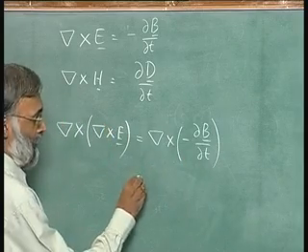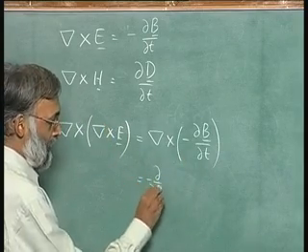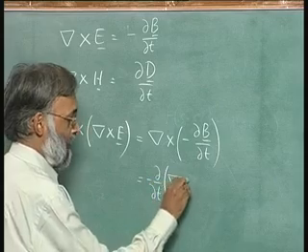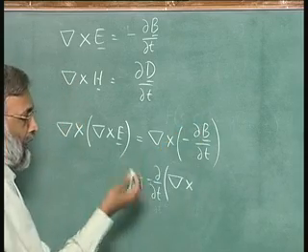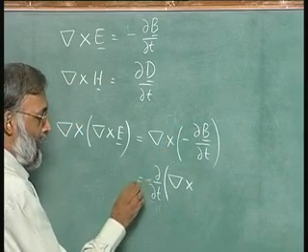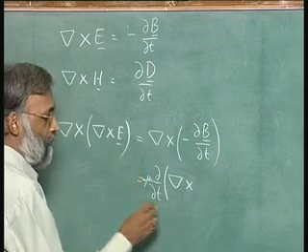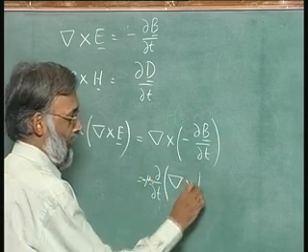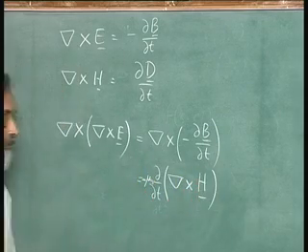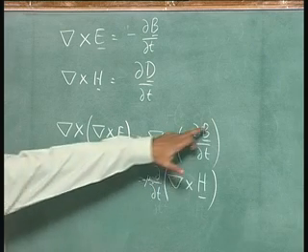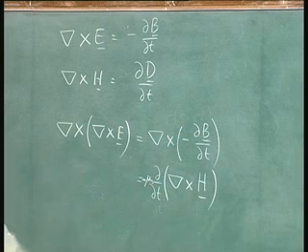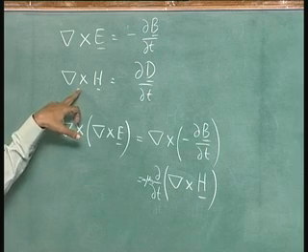So, I get minus del del T of curl of B, but B I am going to write as mu H. So, minus, I will pull the mu out, and H. So, I have written B as mu naught times H, but I know what curl of H is.